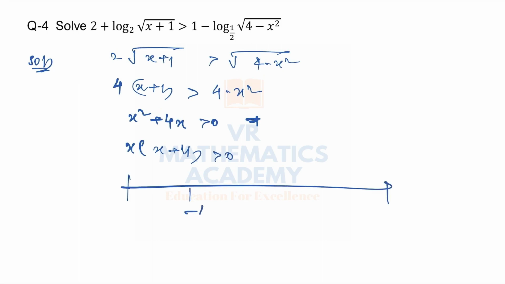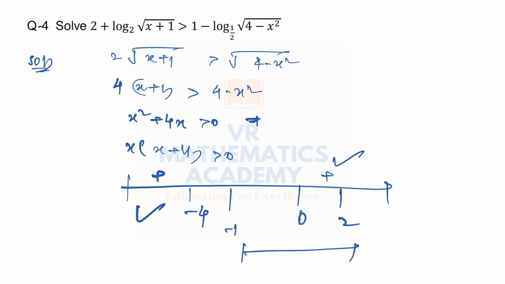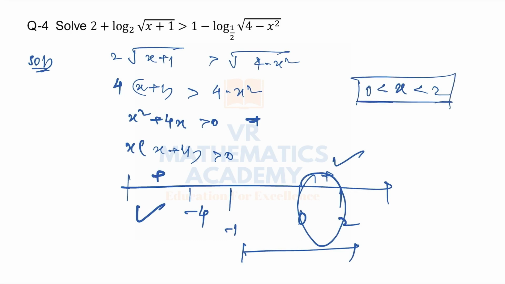So we draw the number line with minus 4 and 0, and this side is positive and this side is also positive, so we take both regions. Also x is between minus 1 and 2. So we find that the final region will be 0 to 2. That is, x is between 0 and 2, which will be the final solution of question number 4.